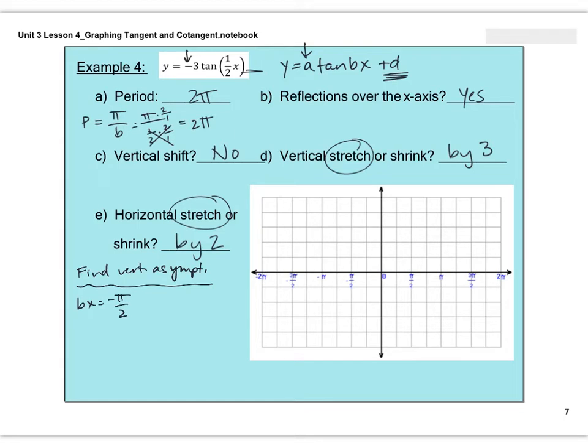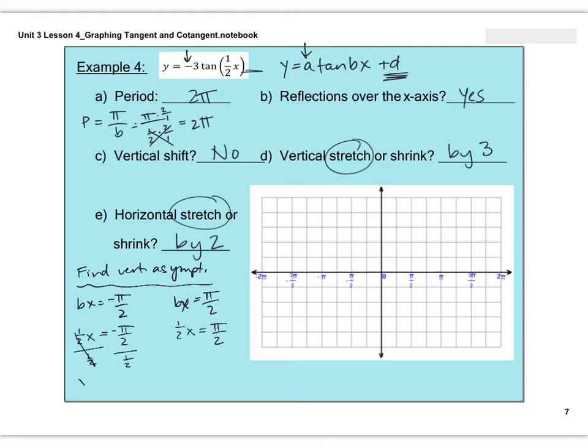That's where the first one normally is. And bx equals +pi/2, because normally for tangent, the first two are at -pi/2 and pi/2. Now plug in your b. In this case, it's 1/2. So we're going to go 1/2 x equals -pi/2, and also 1/2 x equals +pi/2. And we're going to solve each of these. So divide by 1/2.